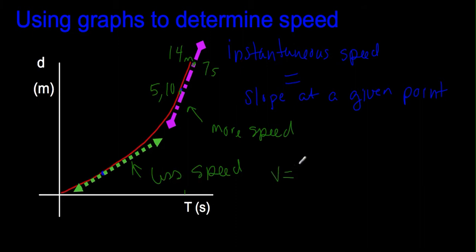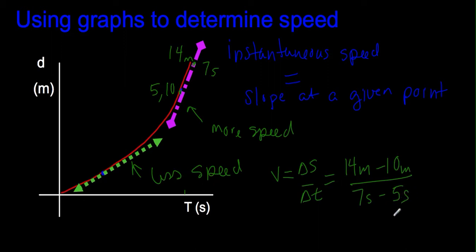Our velocity is going to equal the change in distance over the change in time. So it's going to be 14 meters minus 10 meters divided by 7 seconds minus 5 seconds. That's simply going to be 4 divided by 2. And you can probably guess I put simple numbers in there to make it easy on myself, which would be 2 meters per second.